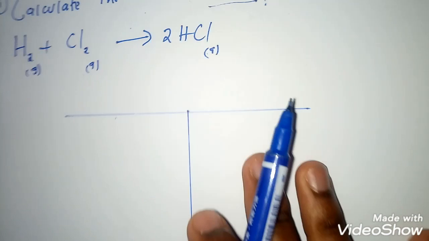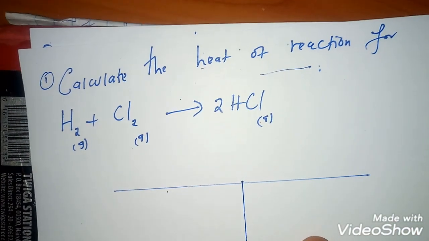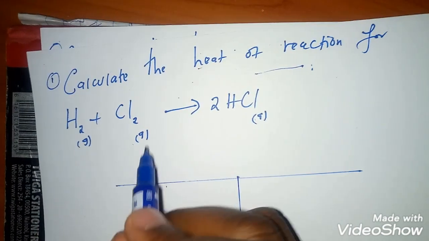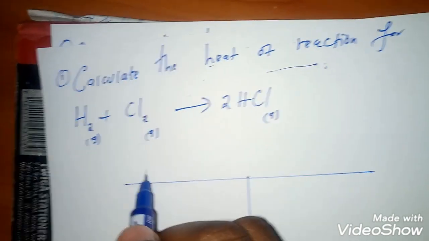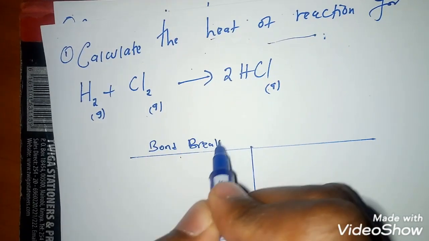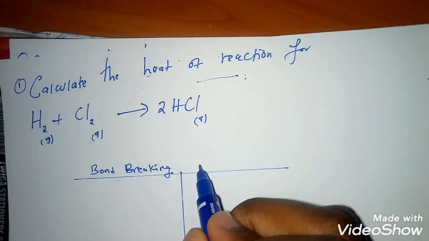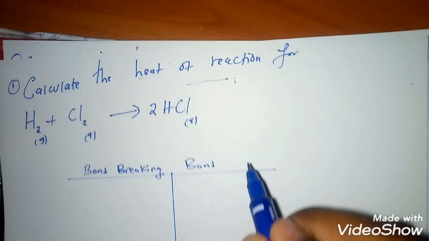So let us look at our reaction here. For us to be able to calculate the overall energy change, we must first determine the total energy that is required to break the bonds. We also must calculate the total energy released when bonds are being formed.